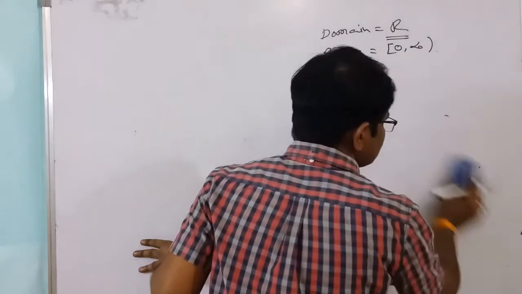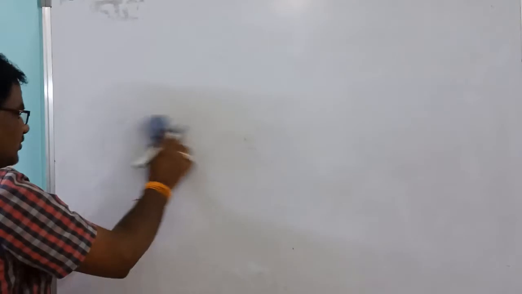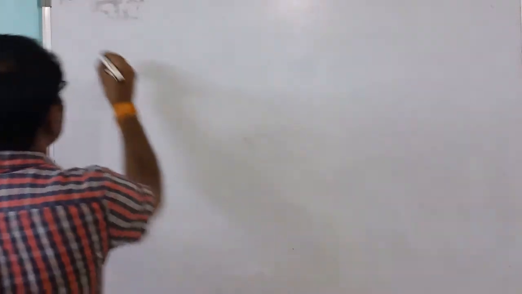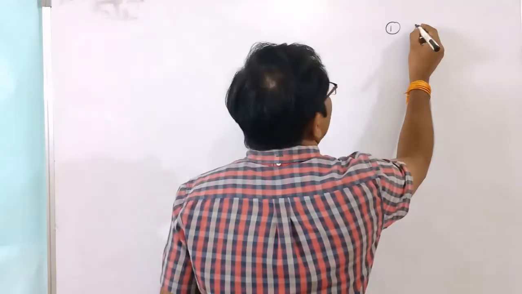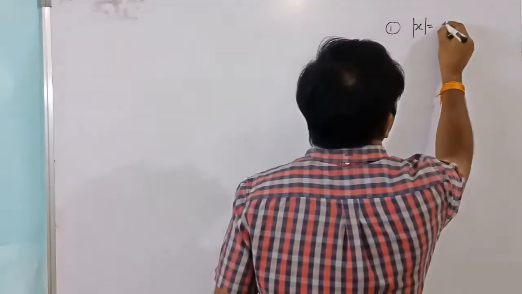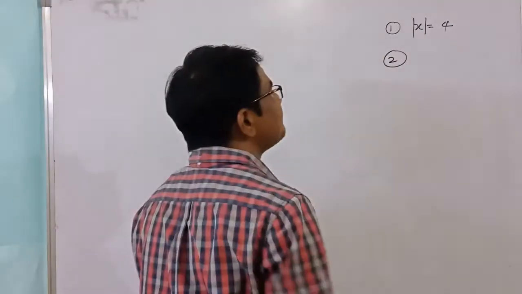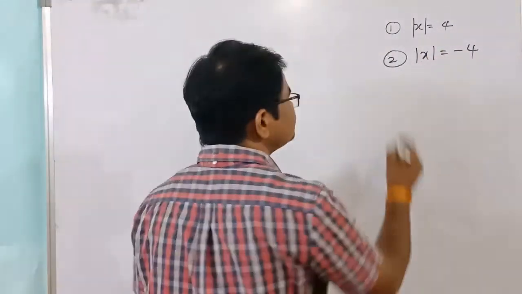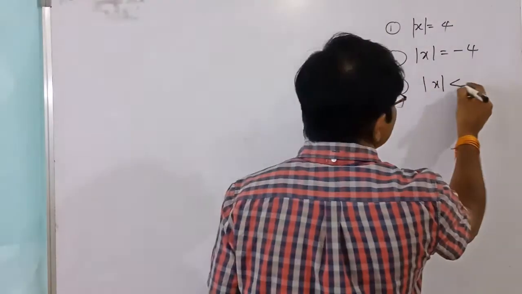Now take some problems. By these problems you will get total clarity on the modulus function. First one: suppose you take mod X equal to 4, and the second one is mod X equal to -4, and the third one is mod X less than 4.